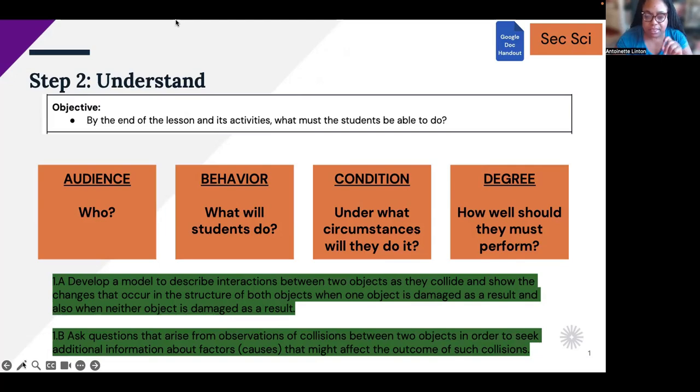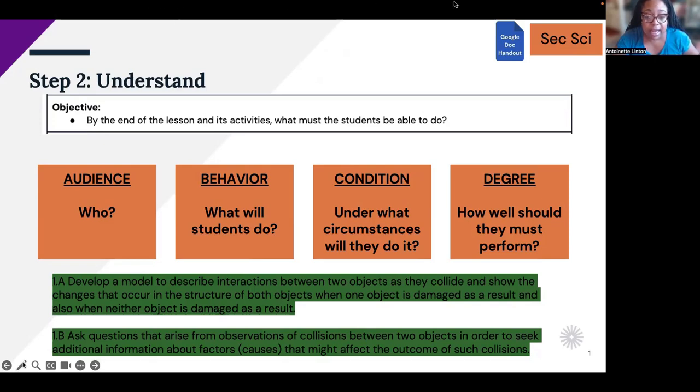One tool teachers use to analyze objectives is the ABCD model, as you can see on the screen: audience, behavior, condition, and degree. I'm going to have a few voices help us read each component out loud, and then we'll unpack what each part actually means instructionally.